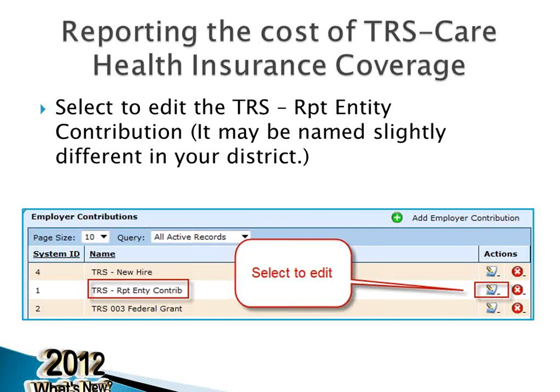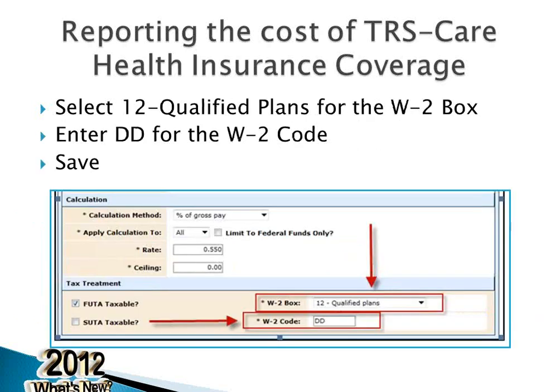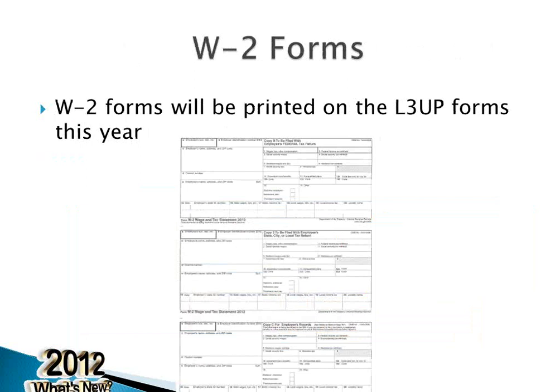It may be TRS REC, you may have it TRS RE, but basically just make sure you're selecting the one that is the reporting entity contribution. Once you're on that edit screen, you want to be sure to select the W-2 box of 12 for qualified plans and manually enter the W-2 code of DD. And then once again, you'll save your information so that it will pull onto the W-2s once you compile.